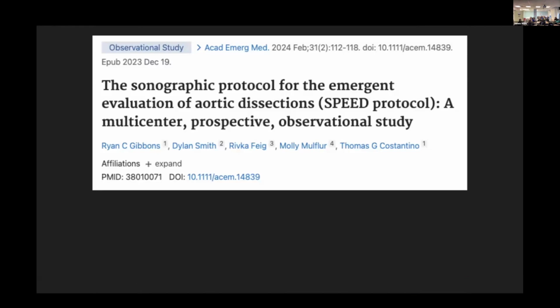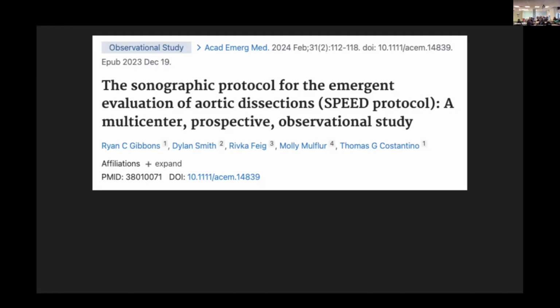So what's the evidence? Why should you do this? Earlier this year, there was a study. They used something called the SPEED protocol, where all patients suspected of having aortic dissection got a cardiac ultrasound and a AAA exam, essentially. This is not a full TTE. This is just our point of care ultrasound. Out of around 1,300 patients, 44 patients ended up having aortic dissection.